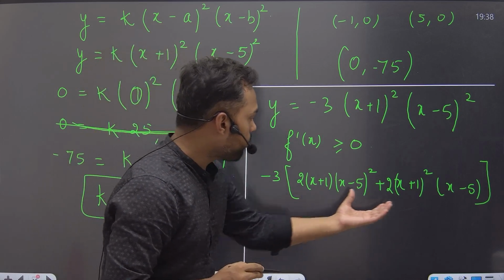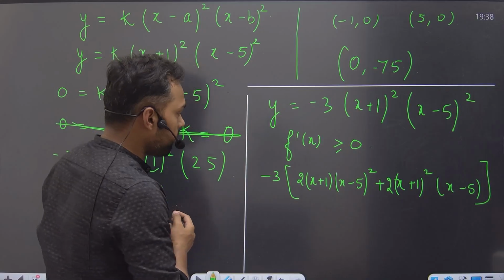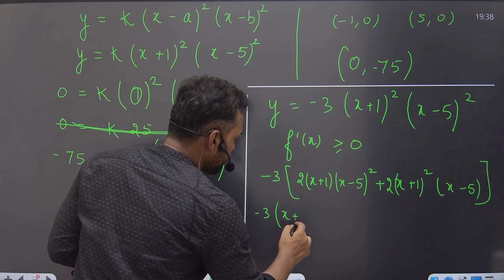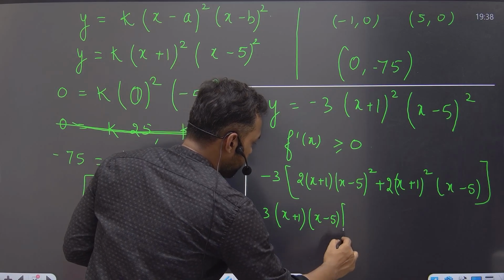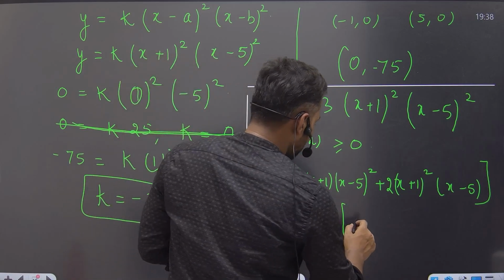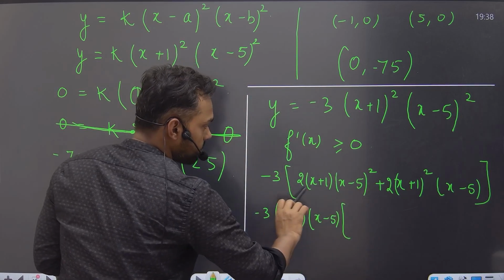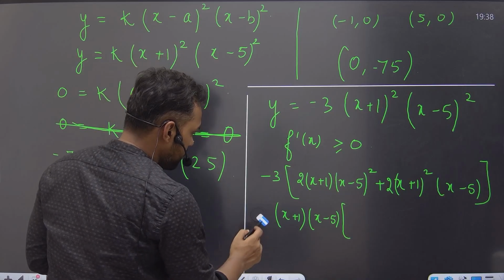Okay, from the whole expression we can see that x plus 1 and x minus 5 are common. So negative of 3, we'll be taking (x plus 1) and (x minus 5) as common, student. In the bracket, what will be left out? Okay, 2 is also common, so we'll be taking that common out. So here you will be getting negative of 6.